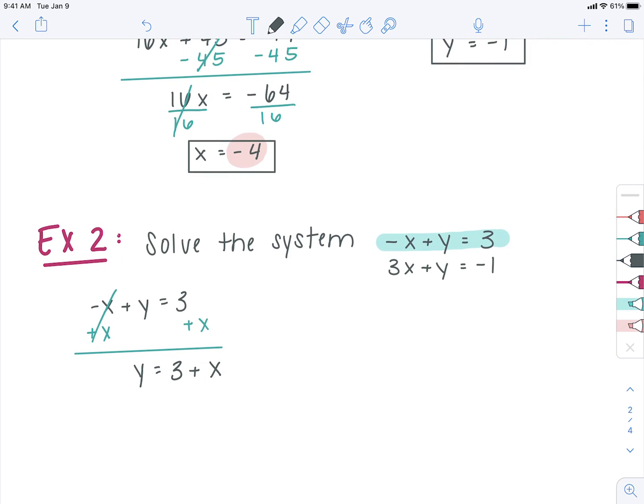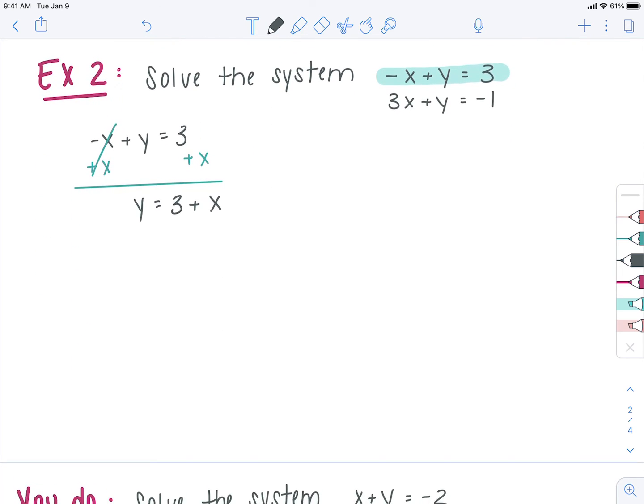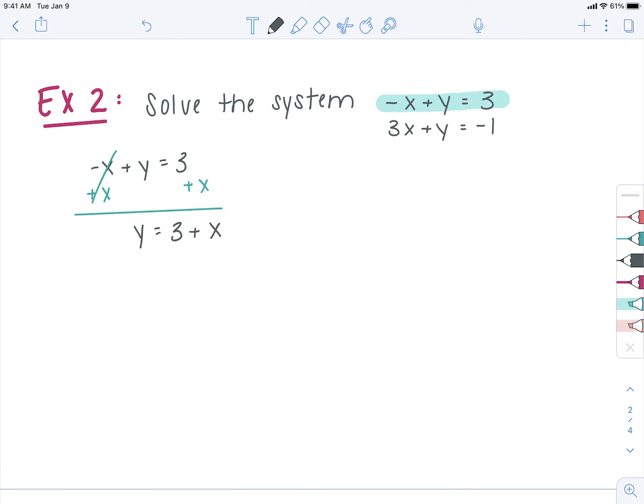So now I have an equation where y is all by itself. This is going to be my equation that I'm going to substitute into my second equation that I didn't use. I can never substitute back into the one that I started with. I have to always substitute into the other equation. So now I'm going to take my second equation, 3x plus y equals -1, and rewrite it.